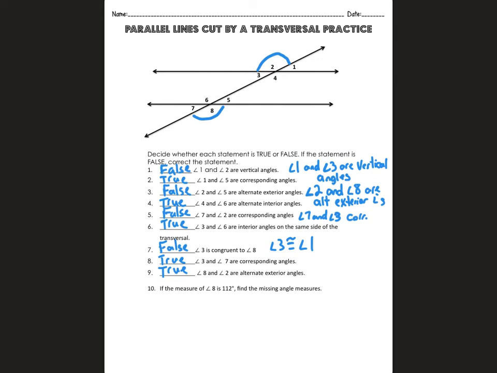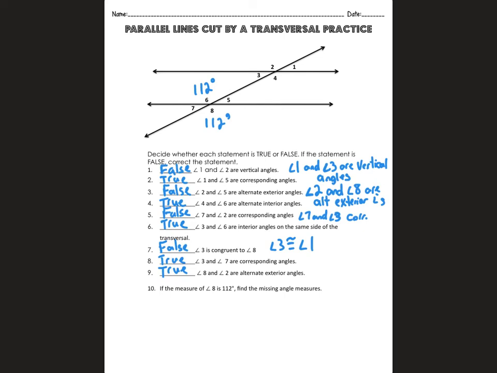If the measure of angle 8 is 112 degrees, find the missing angle measures. All right. So if 8 is 112, then I know that angle 6 also has to be 112 degrees because they're vertical angles.